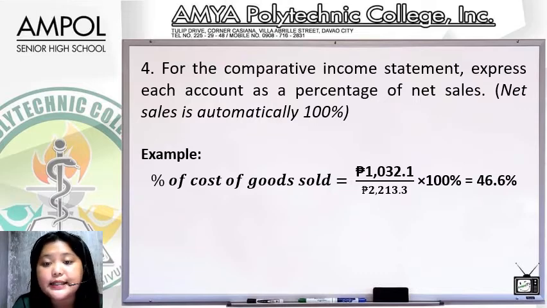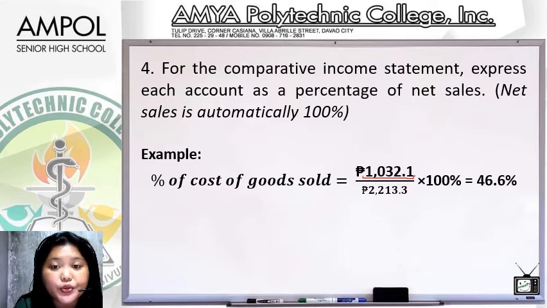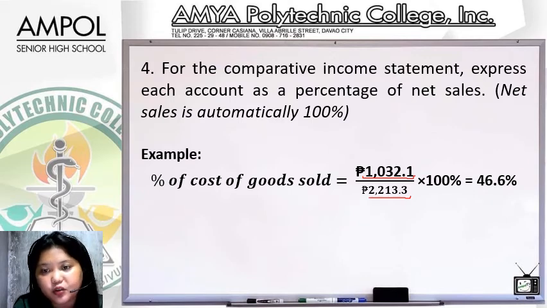So the net sales is 2,213, and the one above is our cost of goods sold and the one below is our net sales. So you're going to multiply it by 100 for us to get the percentage, which is 46.6%.